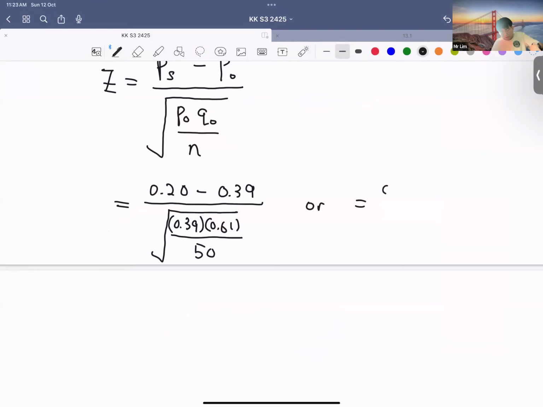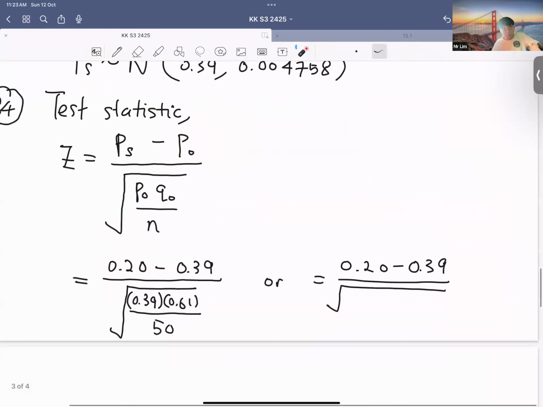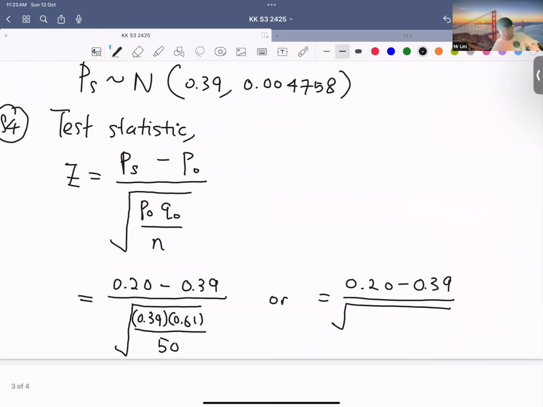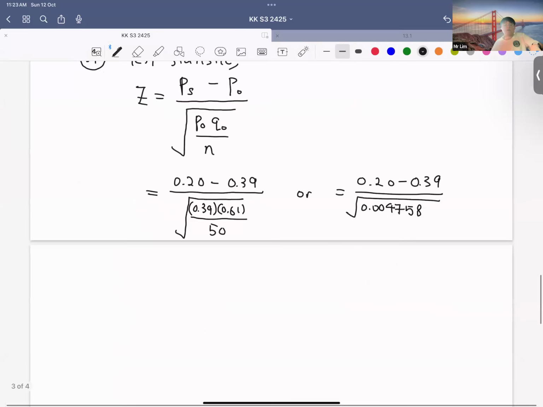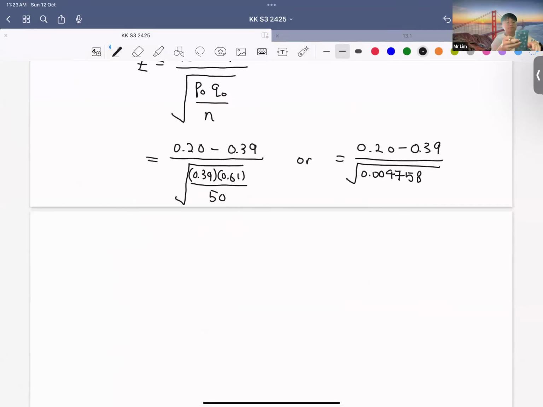Or it is also equal to this one minus this one divided by straight away the variance of your PS, because you have already calculated this number. So no need for you to put it again, just 0.004758. Both are fine. You will get the same number.